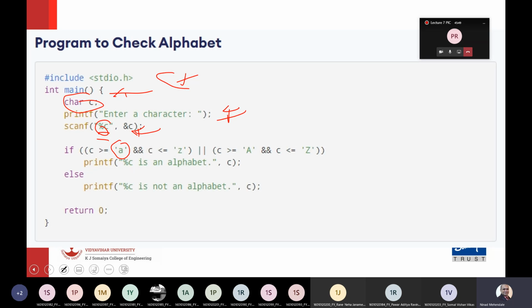If c is greater than or equal to 'a' and c is less than or equal to 'z', it lies between them. Then if c is greater than or equal to 'A' and c is less than or equal to 'Z', don't forget to put equal to, because z is also included. Finally, you can say that c is an alphabet or c is not an alphabet.